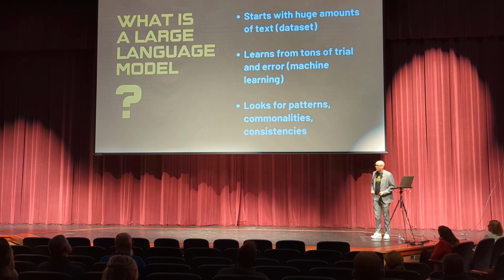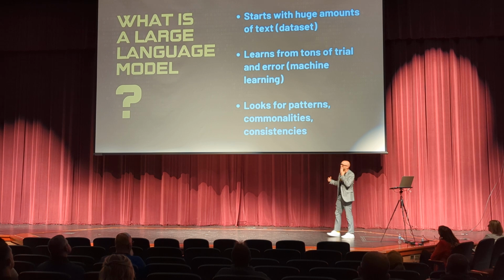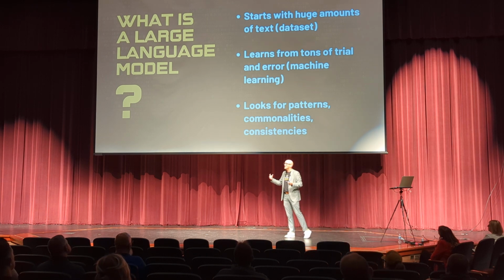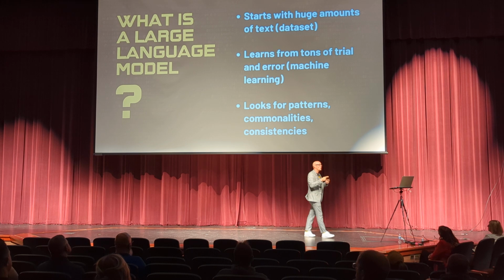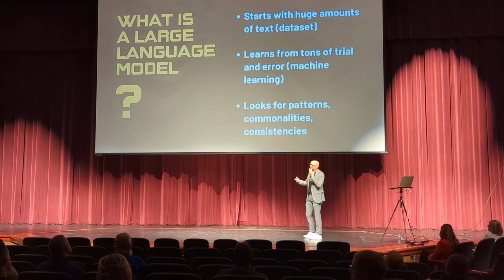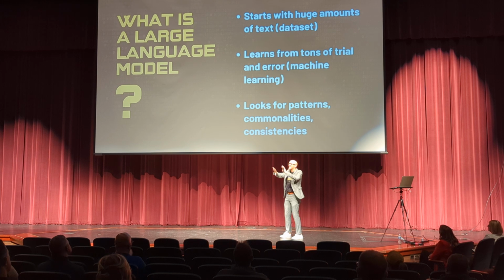And so how does it work? Well, ChatGPT basically learns by taking a whole bunch of information and then just doing lots of trial and error, trying to make connections between ideas. And so, like it says here, it's looking for patterns, commonalities, consistencies. Like, it's taking all of this information and it's trying to see what usually goes with what.